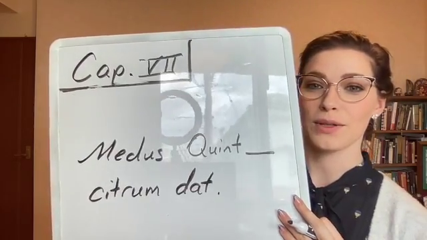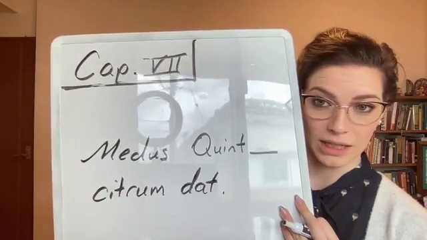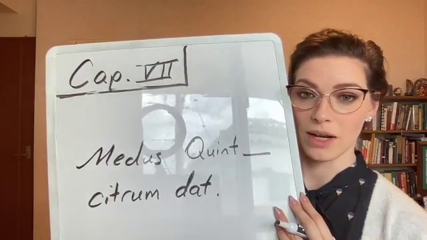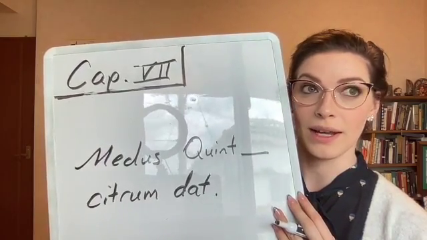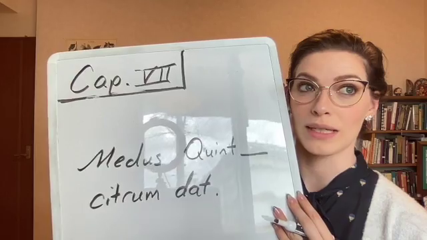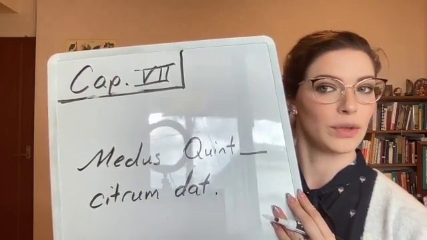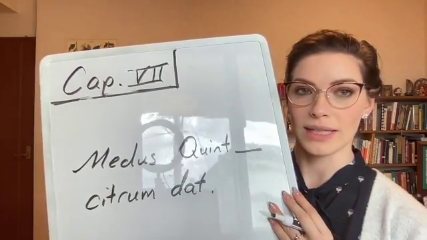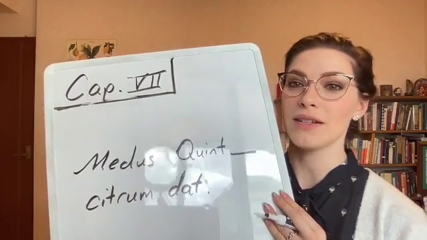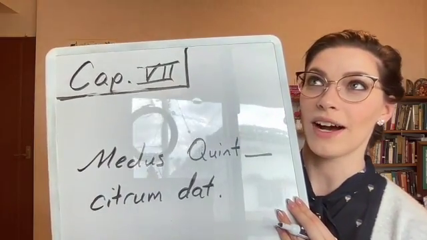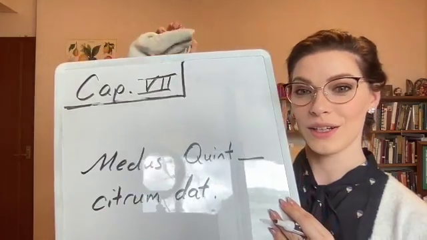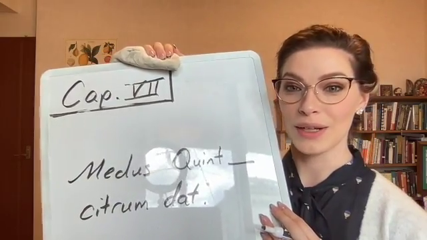So Medus, Quint blank, citrum dat. So Medus is giving Quintus a lemon. How do we know that Quintus is the one receiving, aka the indirect object? How do we know that's him? Write in your ending for me. In 5, 4, 3, 2, 1.